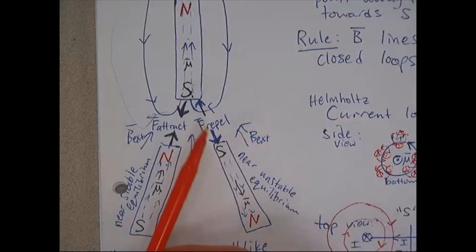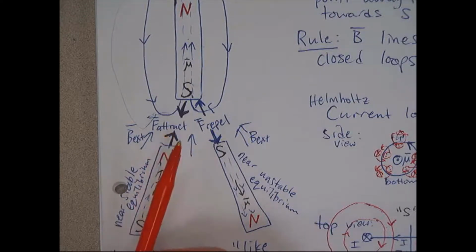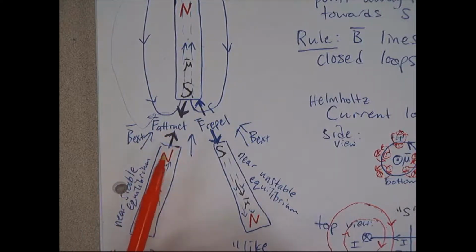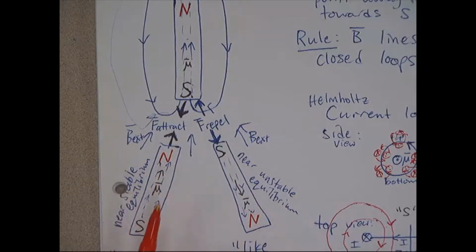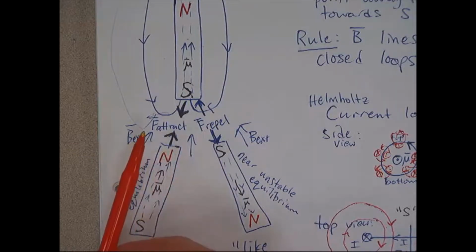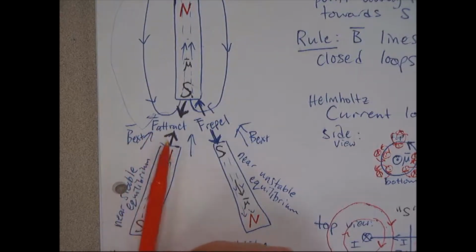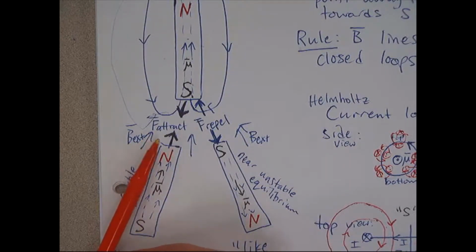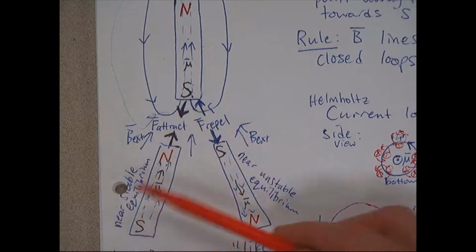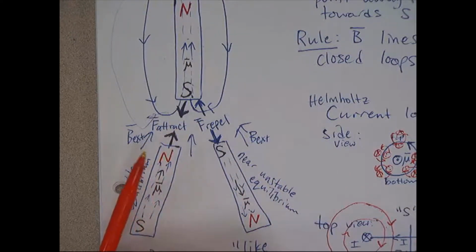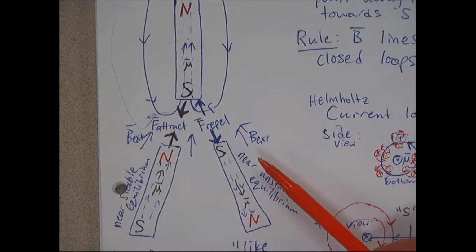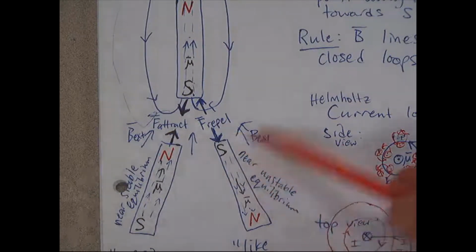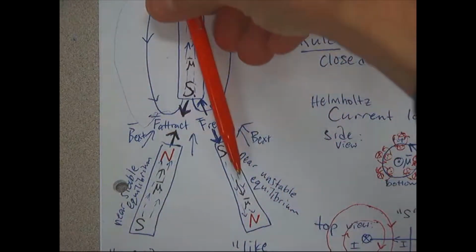Then you can see that these individual bar magnets want to align themselves such that their vector from south to north is aligned with the external field. This is the position where the bar magnet would like to be in. So we could say it's near its stable equilibrium, while this bar magnet is very near an unstable equilibrium.